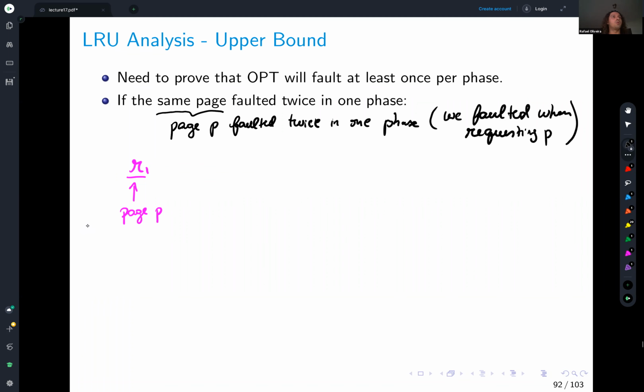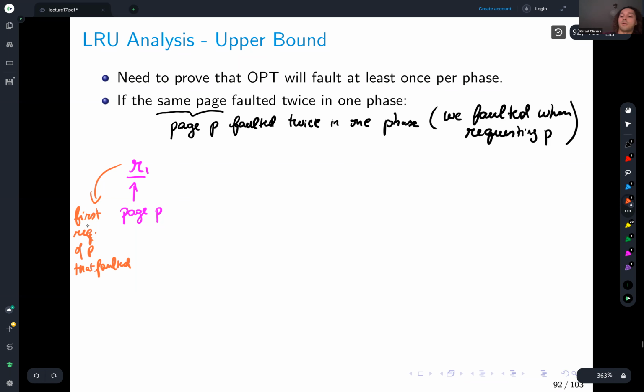Now let's see what happens in this case. R1 is the first request of P that we faulted on. Then we're going to have a bunch of other requests, R2, R3, and so on up to R(M-1).